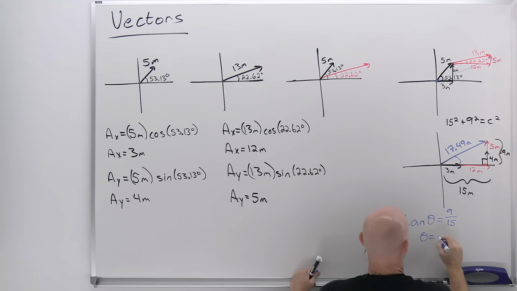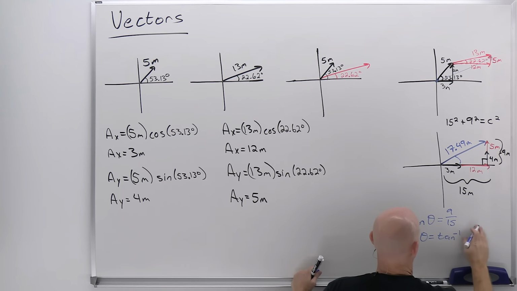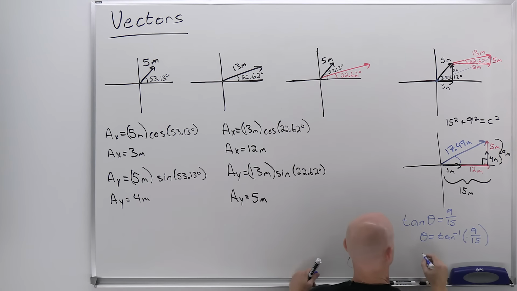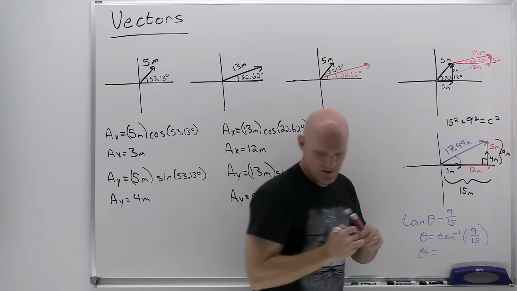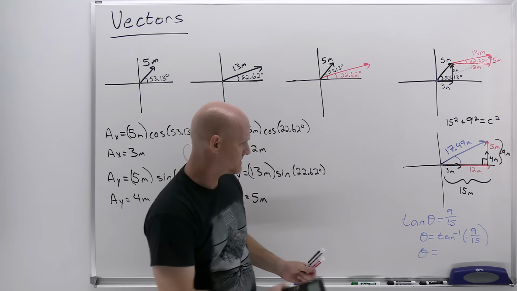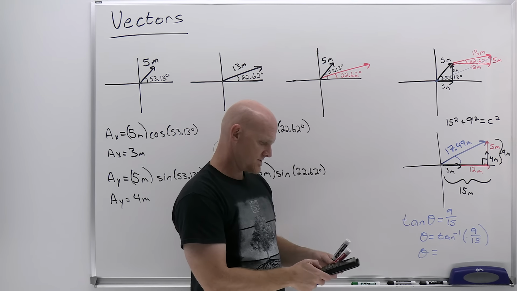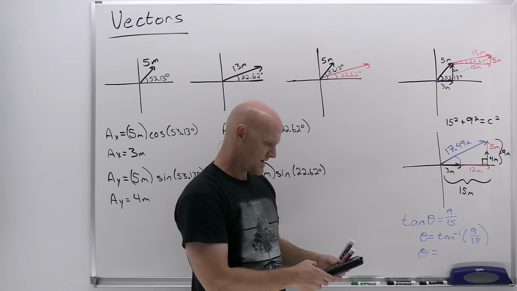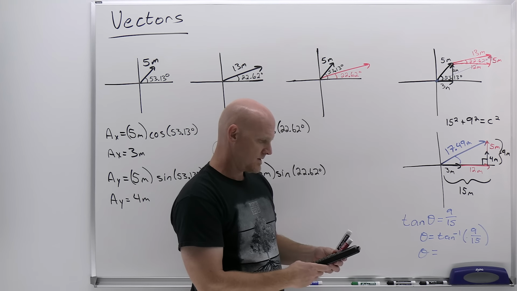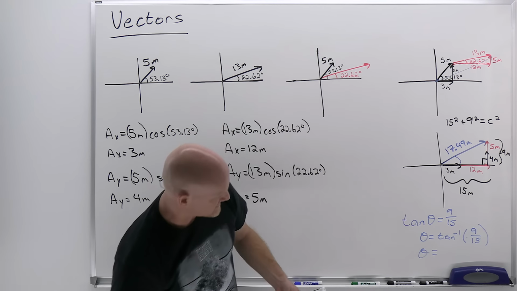So theta is going to equal the inverse tangent of 9 over 15. And again, we'll let our calculator do the work for us here. Inverse tangent, 9 divided by 15. It's going to get us 30.96 degrees.